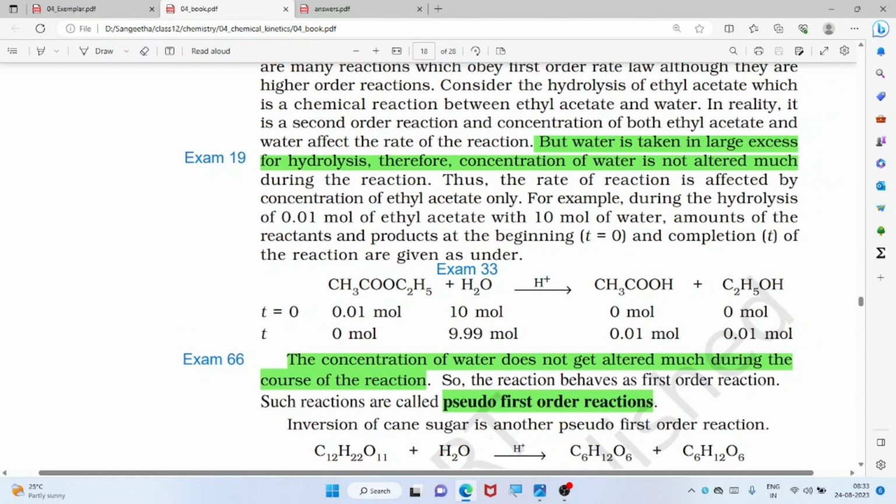So here water is in excess. Here it is 0.01 mole, so it will become 0.1. But if that 0.01 changes, that change is negligible because this is in excess. So now this bimolecular reaction becomes a first order reaction if one of them is in excess.